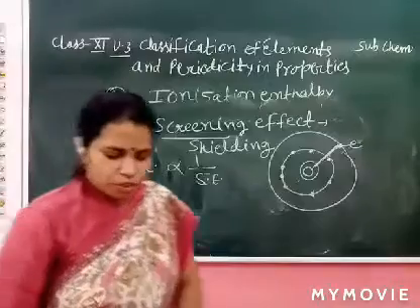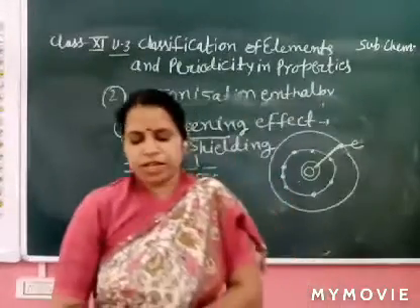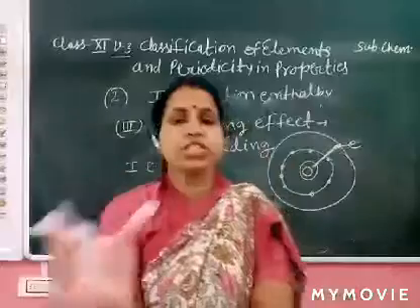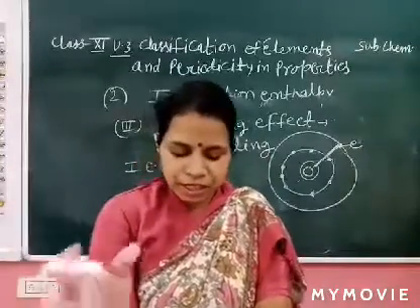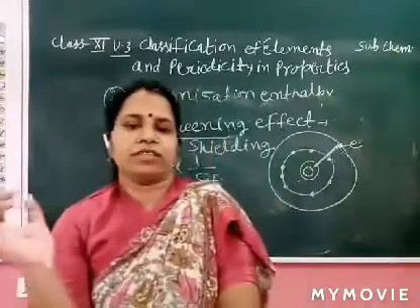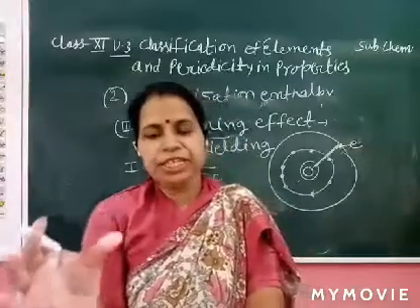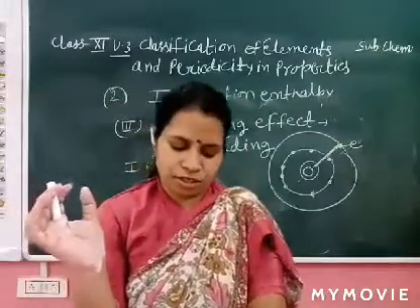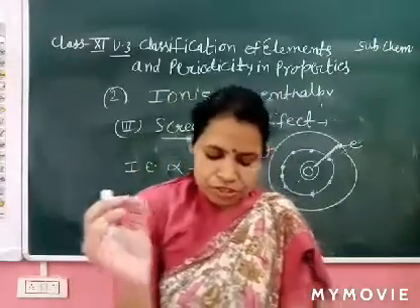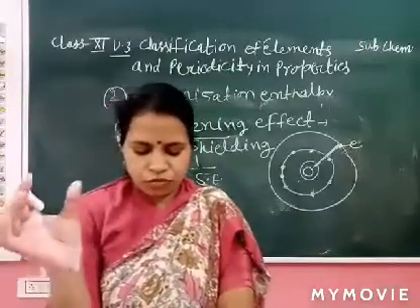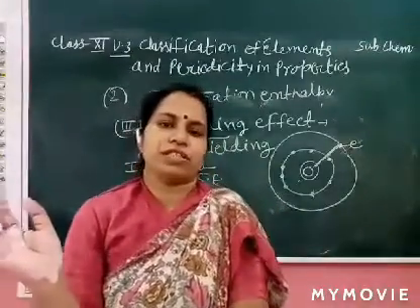Again, I repeat this topic. The outer electron is attracted towards the nucleus but is pushed away by the repulsion of the inner electrons. The outer electron feels a diminished nuclear charge, a reduced nuclear attraction, because inner electrons shield them from the full charge of the nucleus.